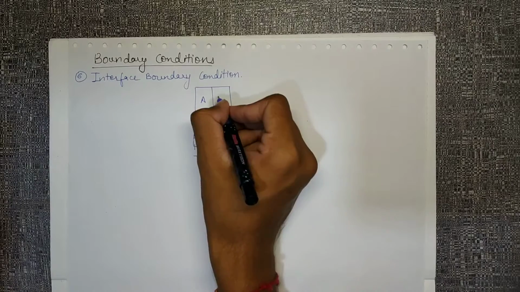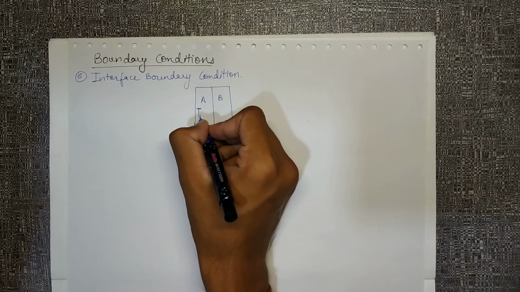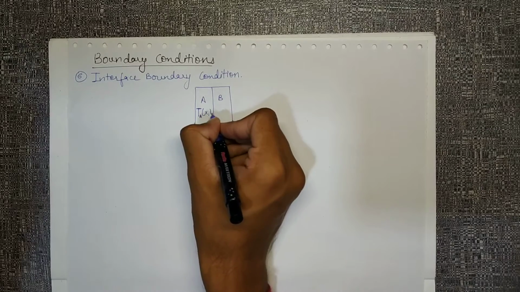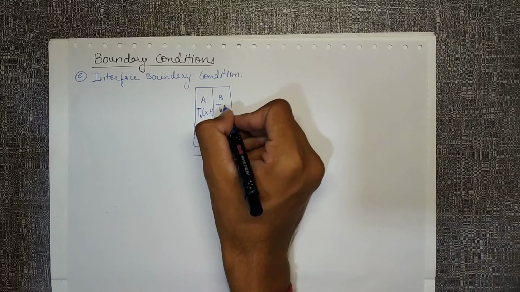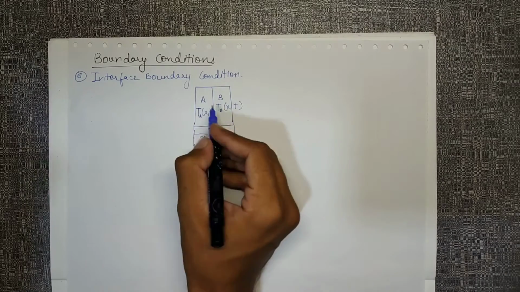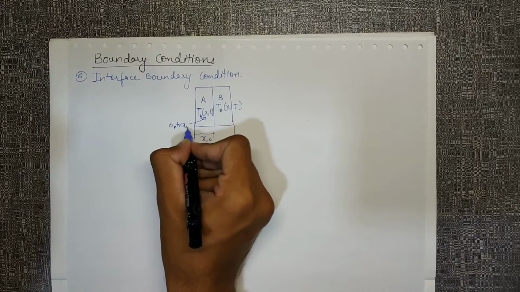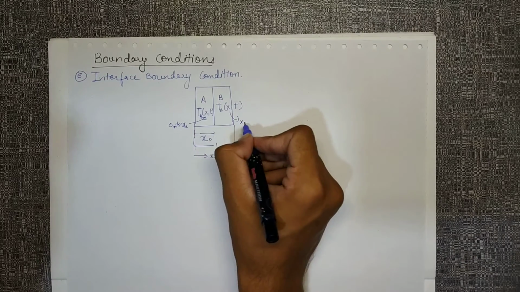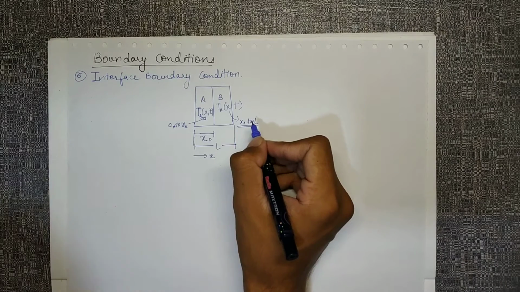This is the wall A, this is the wall B, and hence the temperatures will be denoted as temperature of wall A at any location x comma t. For B it will be denoted as temperature B at any location x comma t. Obviously for this the x ranges from 0 to x naught. For this the x ranges from x naught to L. Okay, so that is clear.